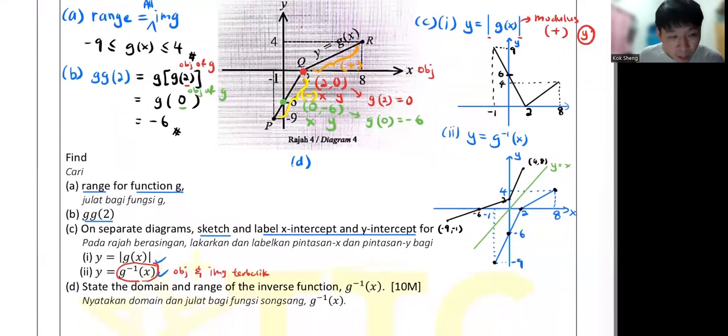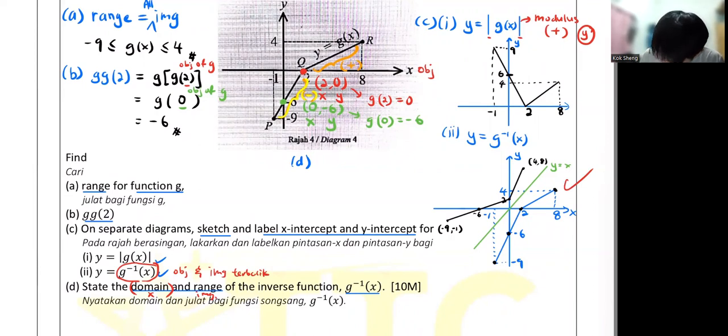State the domain and the range of the inverse function g negative 1. So domain is the object, the x. The range, just now, you know, is the image. So look at your inverse graph, this one.